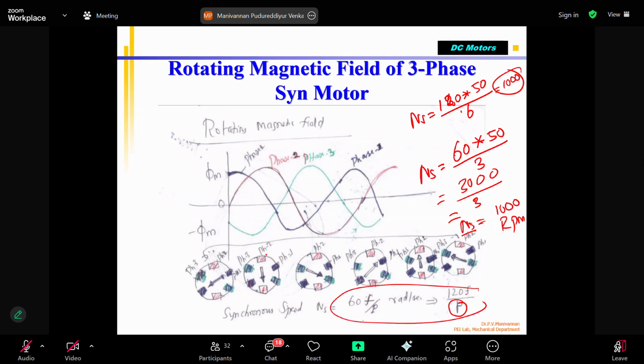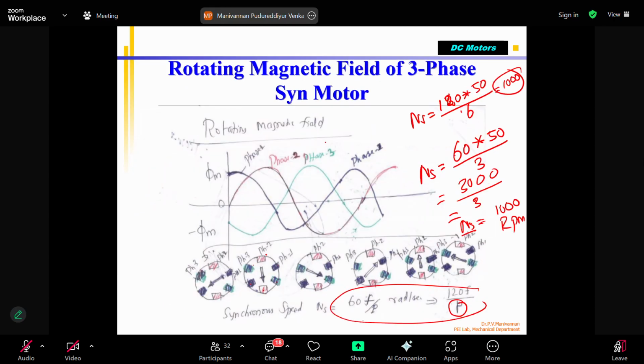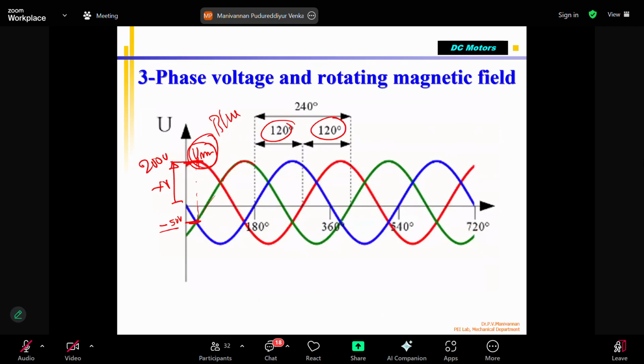Now, we talked about how the rotating magnetic field is created, which is very important for AC motor working. Whether induction motor or others, they all work on the same principle. The rotating magnetic field is created by supplying AC voltage to three-phase coils, which are separated by 120 degrees physically inside the motor. They are shifted by 120 degrees.